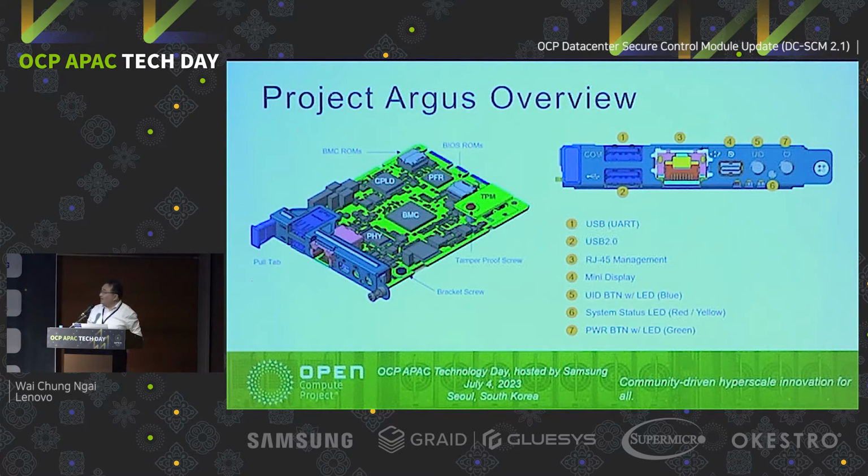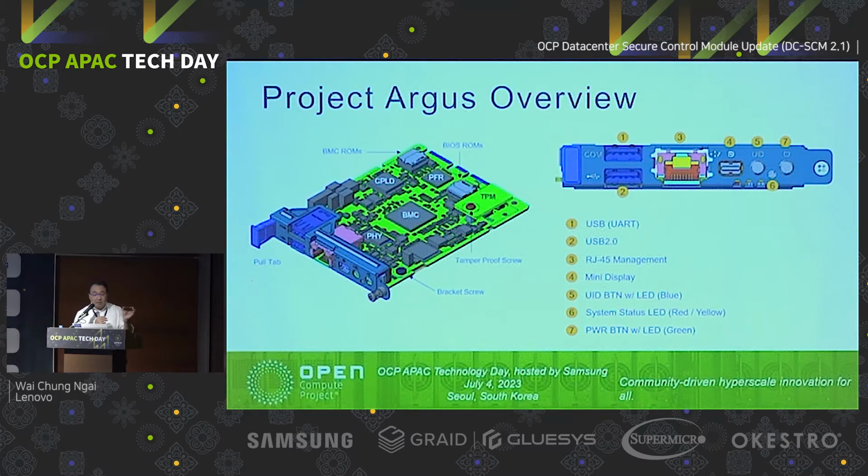And here is a bit more detail. If you look at that, you can see the interfaces here. And this is what we call the horizontal external form factor, EFF. And this horizontal design is pretty much fit for an edge system with a very small form factor, like a 1U type of server.